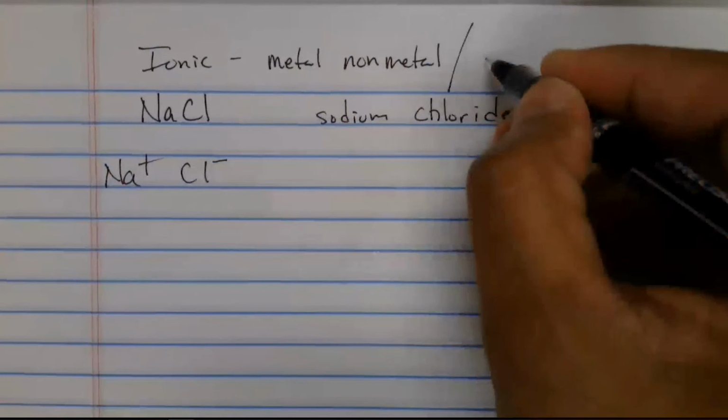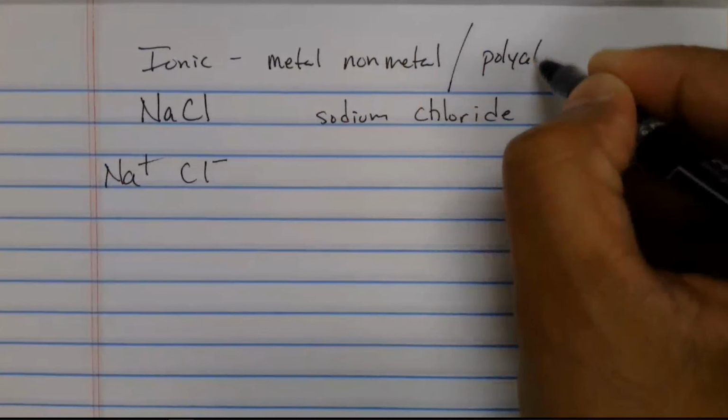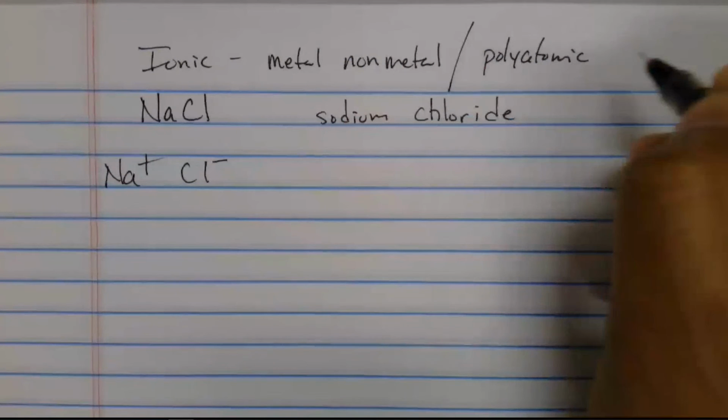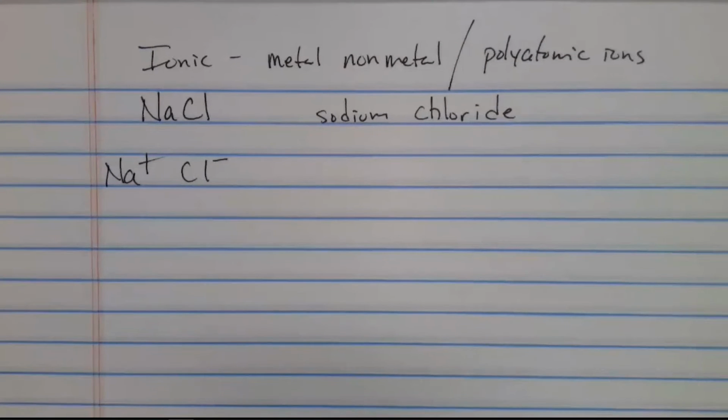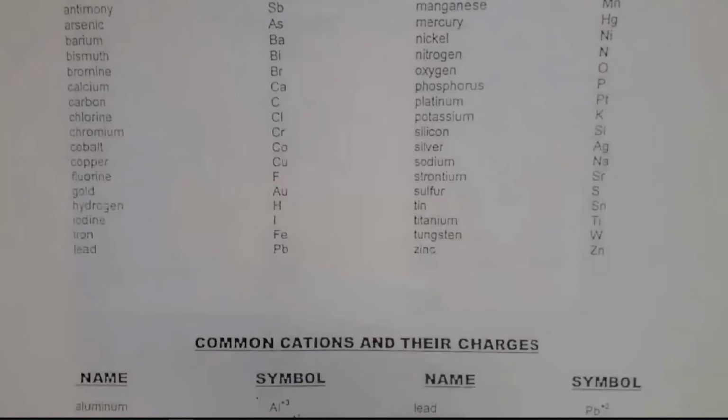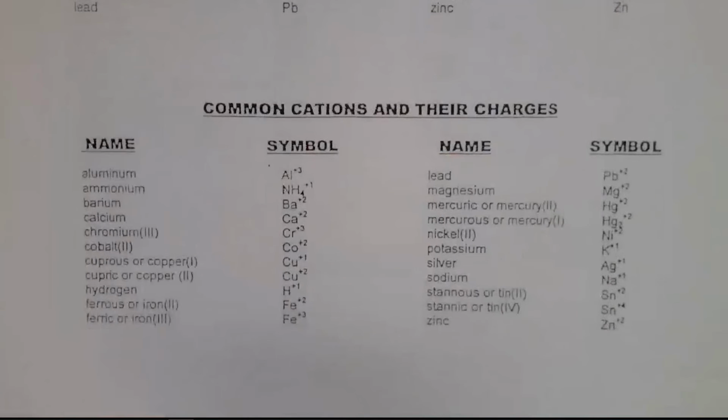But also just be aware that there are polyatomic ions that exist. Let me show you just a few of those, just so you're familiar. So this is on the second page of your references. This is the one that's on Blackboard.